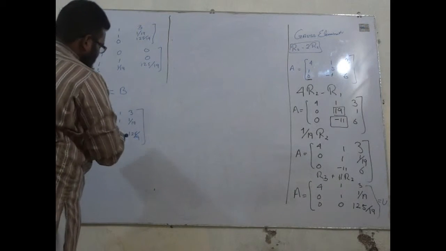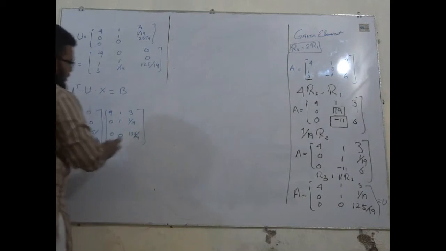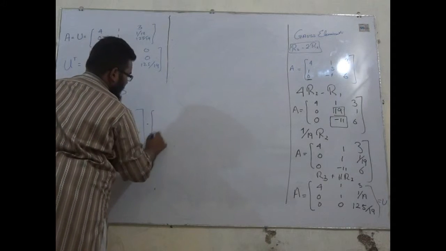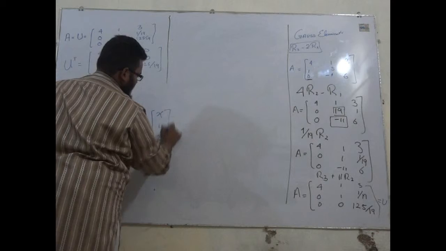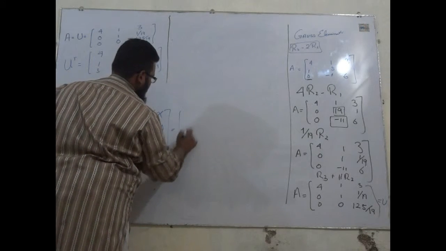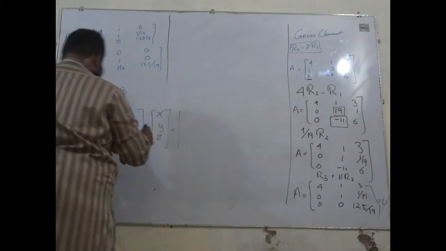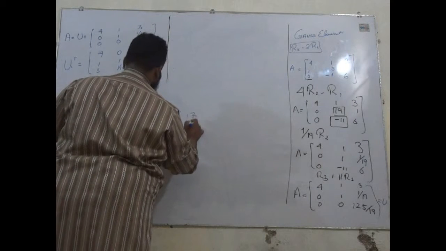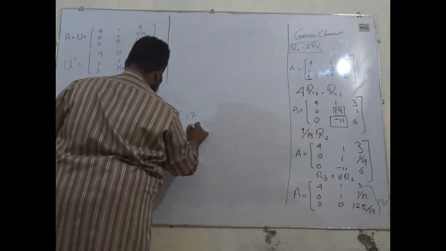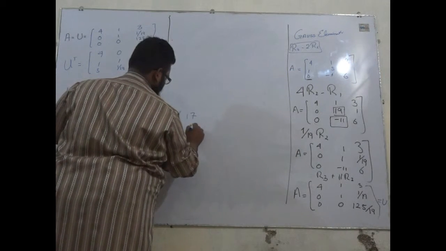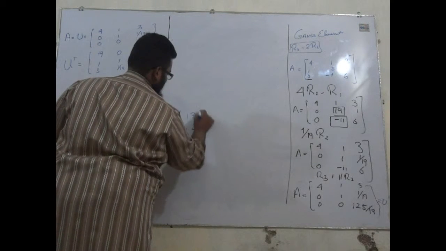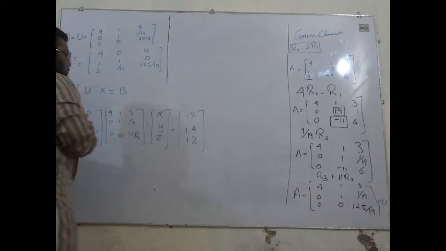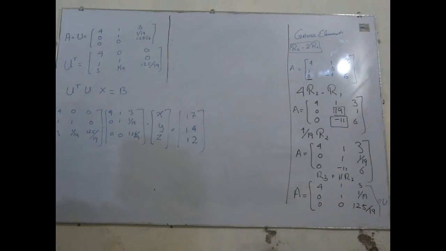Now my equation is X, which I already found above, x, y, z, and B, which is equal to 17, 14, and 12. Okay, I will rub it.